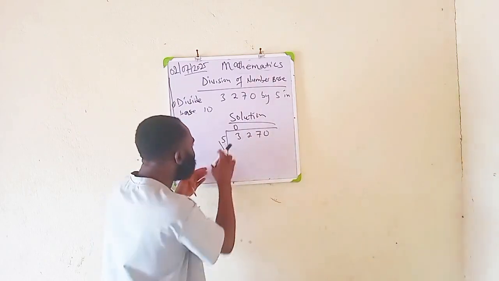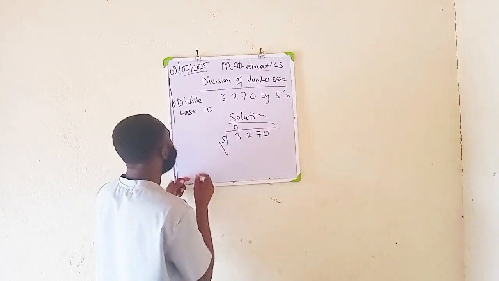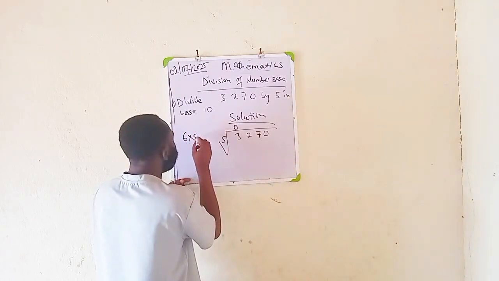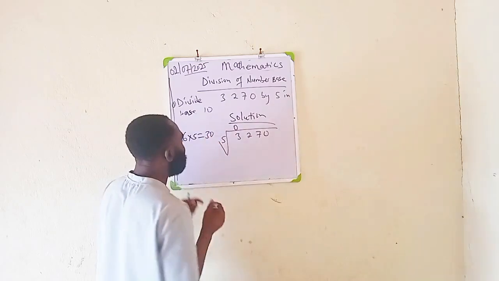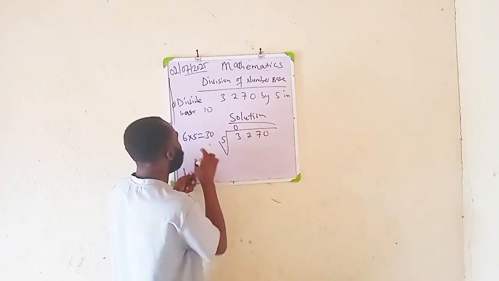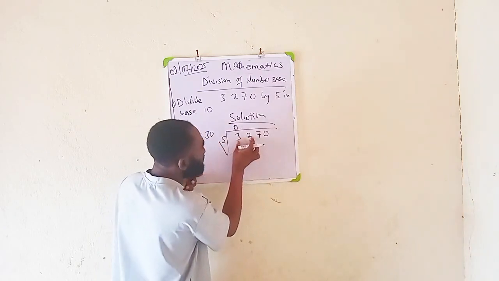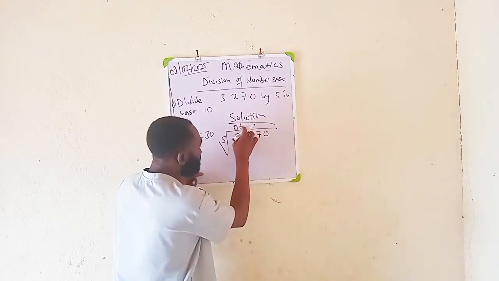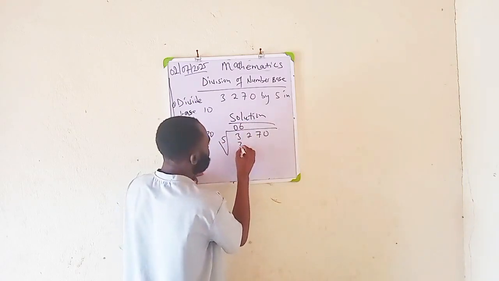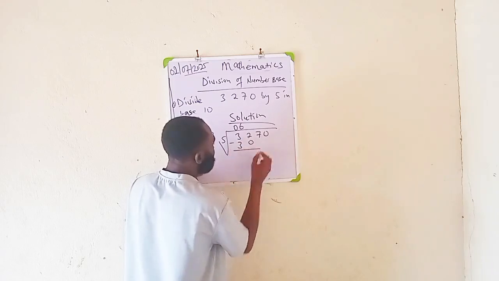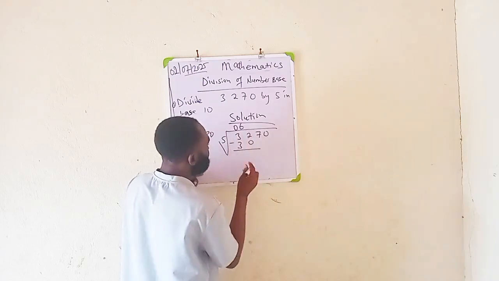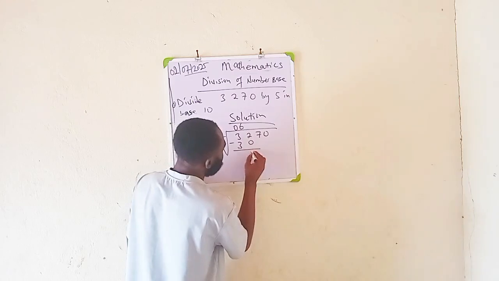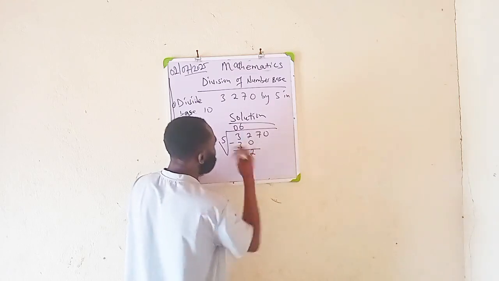You have to check how many times 5 goes into 32, and we know that it's 6 times, because 6 times 5 is 30, remainder 2. So now you subtract this from here, and that will be 2 minus 0 gives us 2, and 3 minus 3 is 0.